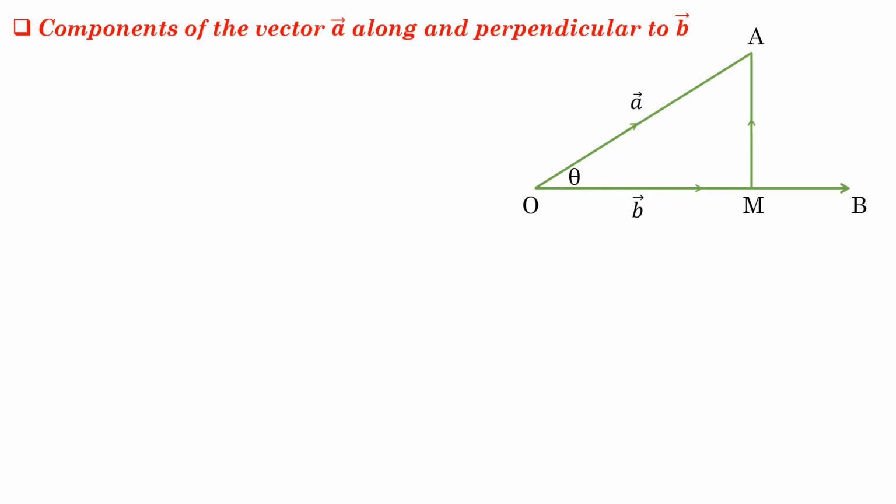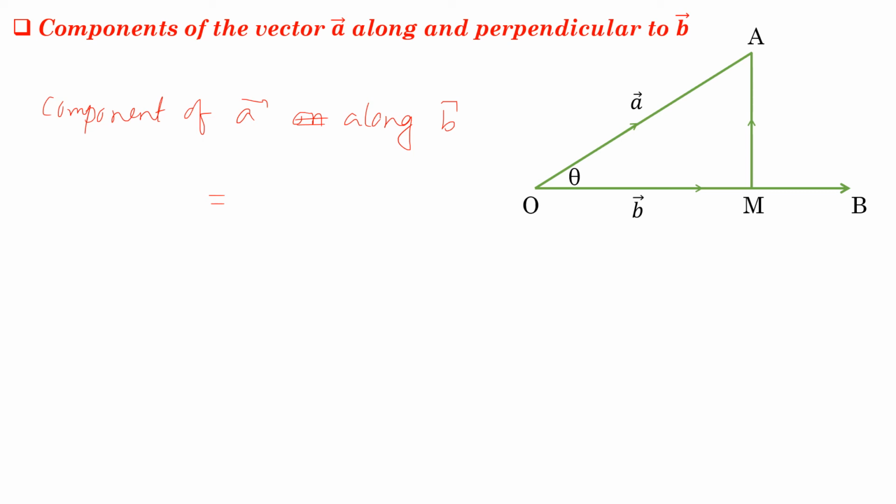That means I can write that the component vector of a bar along b bar is equal to, you write the projection of a bar on b bar first, that is OM.